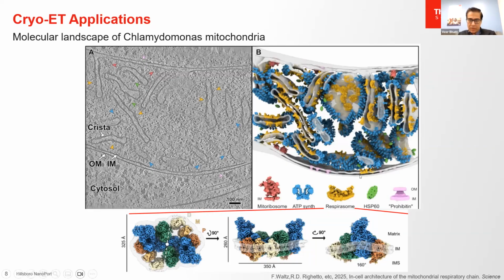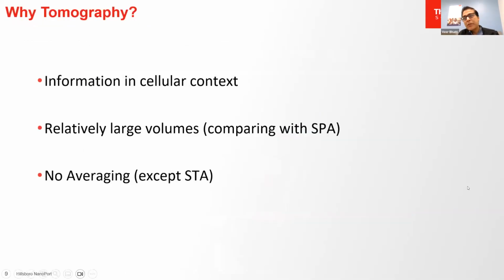The group from Waltz et al. were able to obtain a very high resolution reconstruction using cryo-electron tomography, followed by subtomogram averaging of all of these components. Just to set the expectation for what kind of results we get.